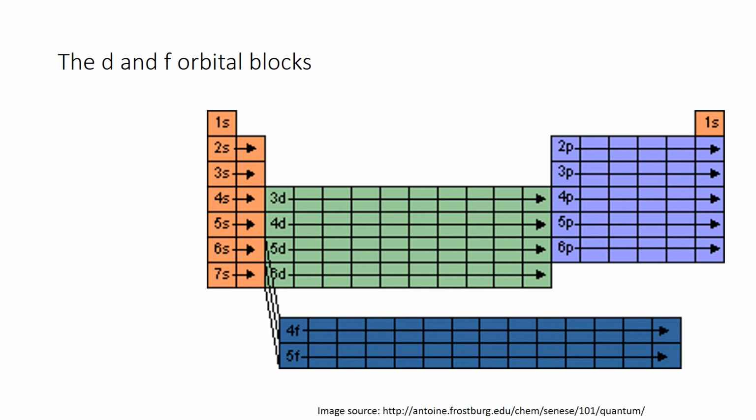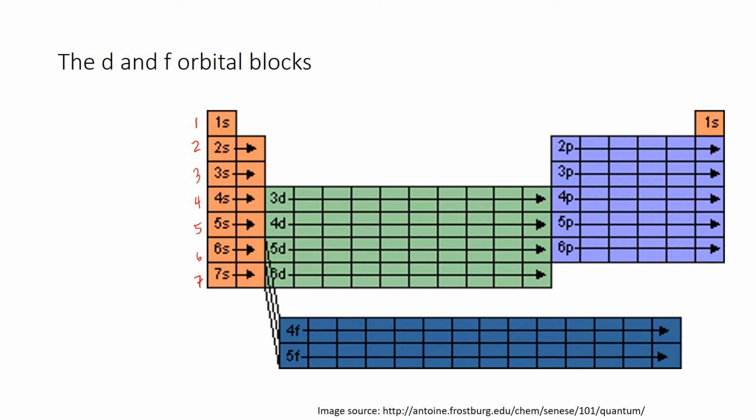All right, now I want to point out one interesting feature associated with these d and f blocks before I actually move on. Now for the s and p blocks, the principal energy level corresponds to the actual row number for the periodic table. So this is 2, 3, 4, 5, 6, and 7.